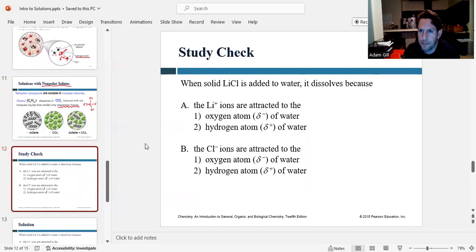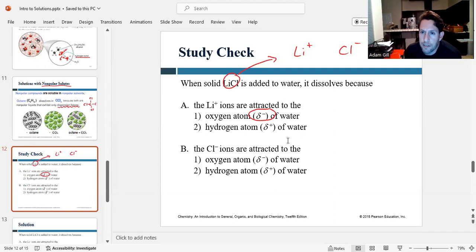So let's do a quick study check. When solid lithium chloride is added to water, it dissolves because lithium chloride is ionic. And so when this dissolves in water, it splits apart into Li+ and Cl minus. And so the lithium ions, because they're positively charged, are going to be attracted to the partial negative of the water.